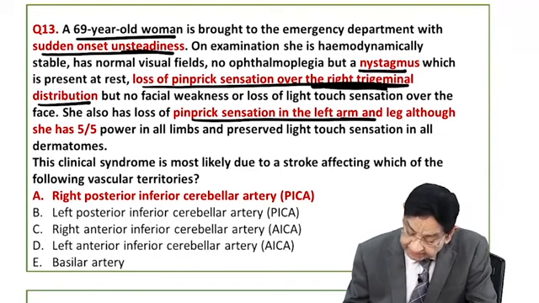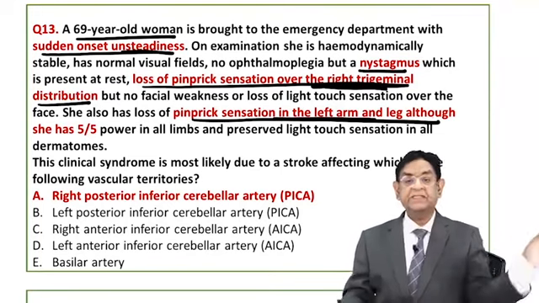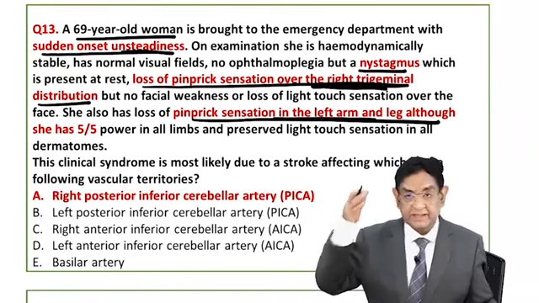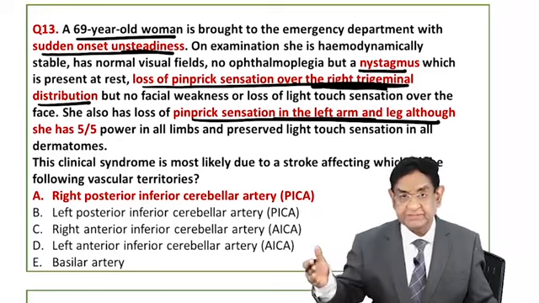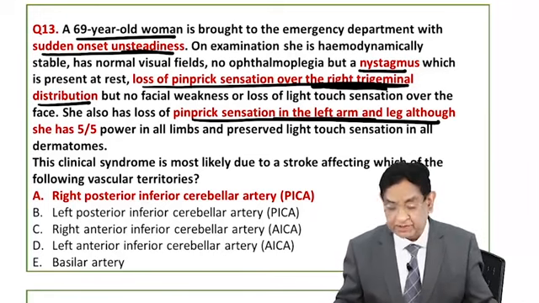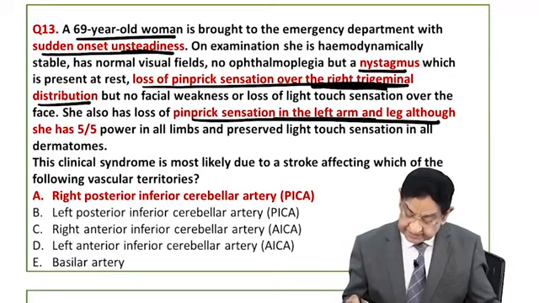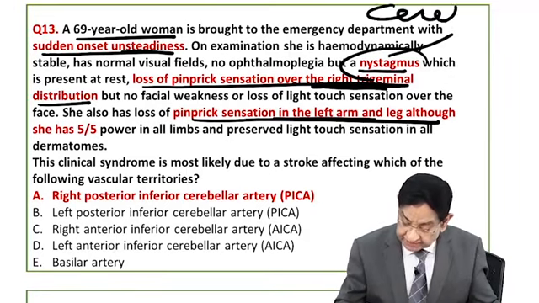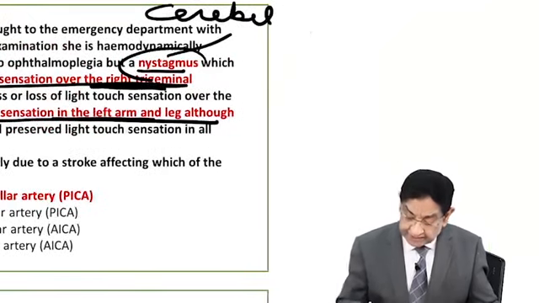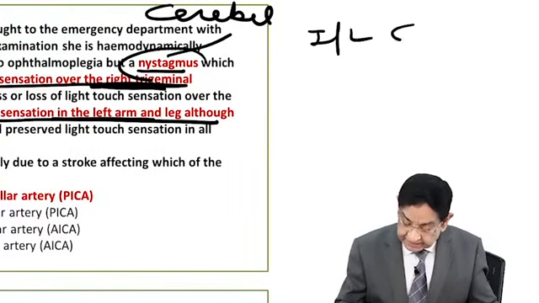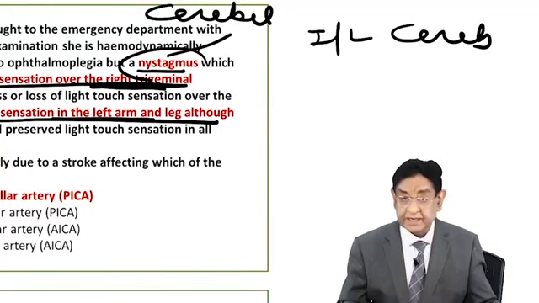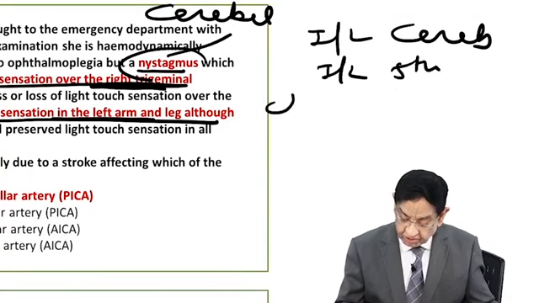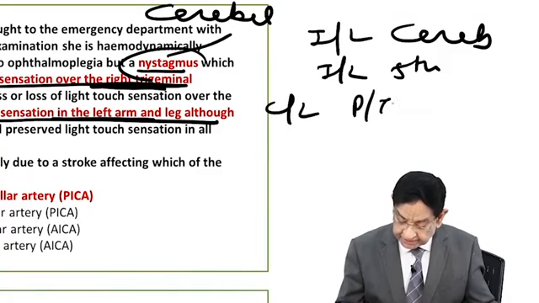Sensory loss is on the left side, the left leg. Sensory loss on one side, that is, in the face, the fifth nerve on the same side, and the rest of the body on the other side. Nystagmus indicates a cerebellar feature. So we are getting ipsilateral cerebellar features, nystagmus, and ipsilateral fifth nerve palsy, with contralateral loss of pain, touch, and temperature.